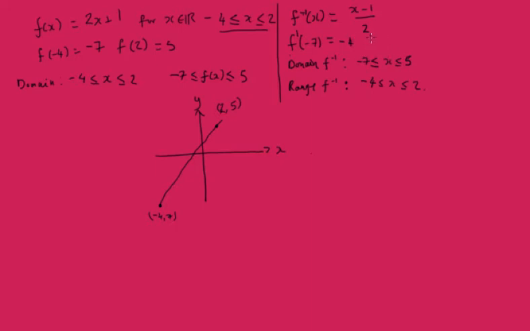And for the other end of the domain, the inverse of f of 5 is going to equal 2. So let's sketch these on.